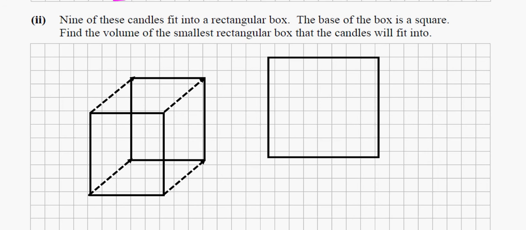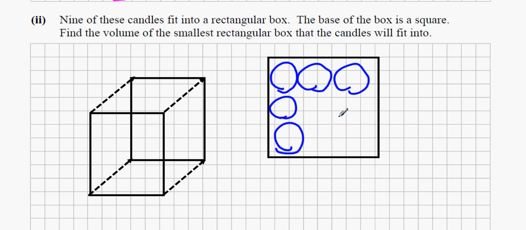So it has to be 9 circles. 1, 2, 3, 4, 5, 6, and so on. Now that's 9 circles right there packed in together, okay?